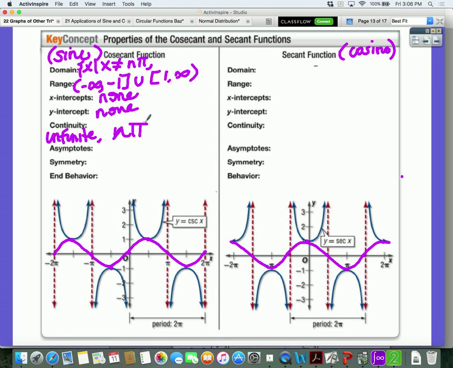So your asymptotes are again at n pi. You have origin symmetry. And you have no period.